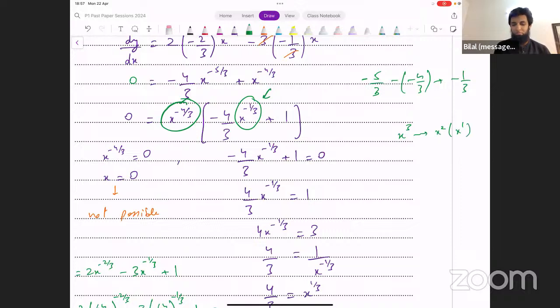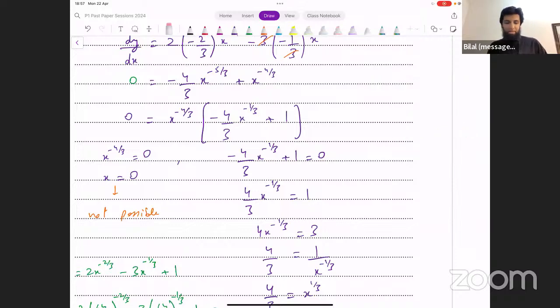That's x power 1. So whatever you're taking common, you just subtract that power from this. You're taking minus 4 over 3 common. So minus 5 over 3 minus 4 over 3, that leaves you with minus 1 over 3 inside. Okay. All right, that was the first part.